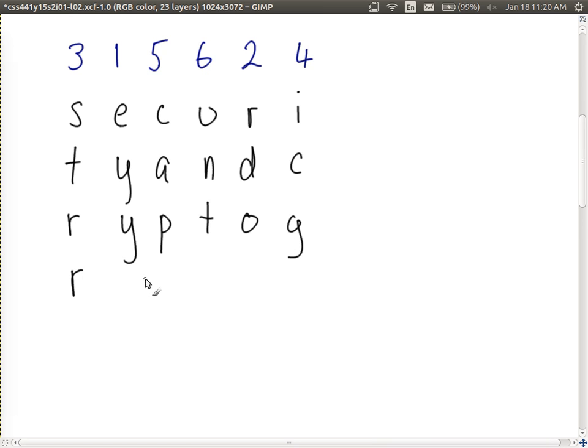Cryptography. And for this algorithm, we need to fill out our matrix. So we have one element left. So we'll add some padding to the end.